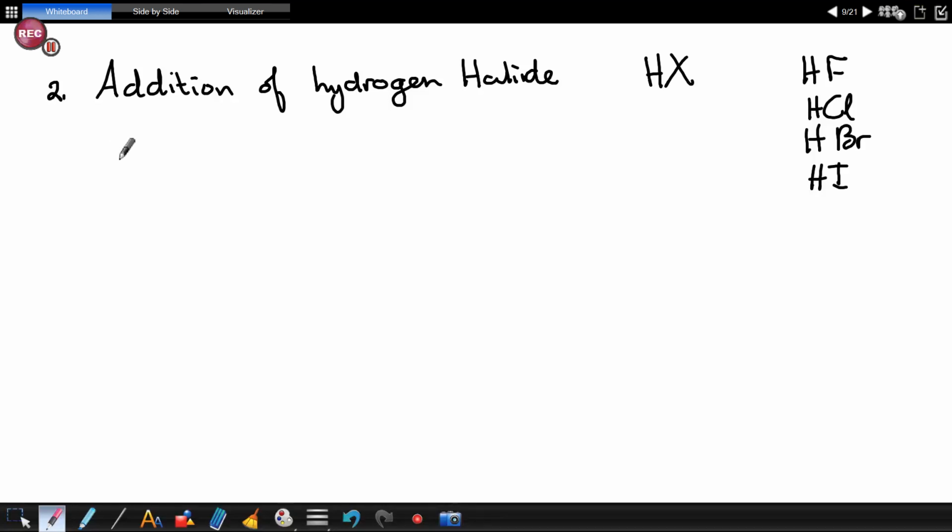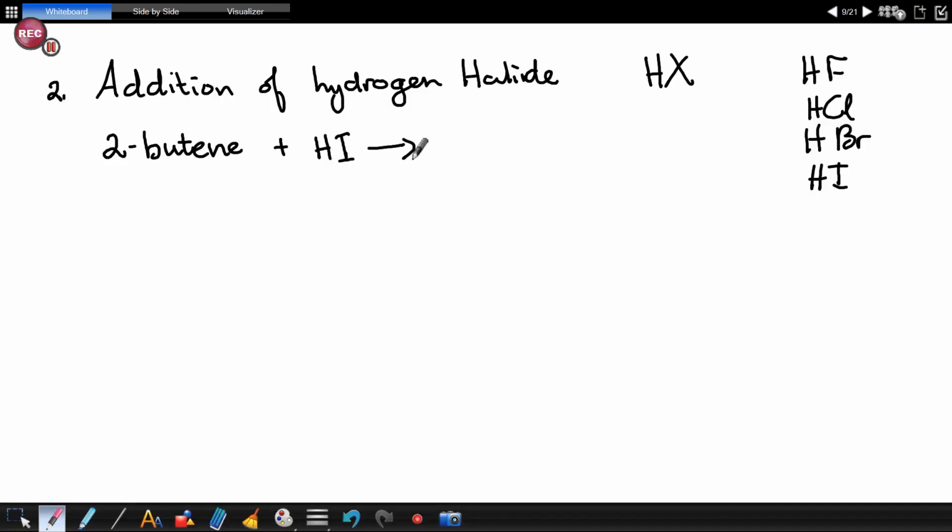Let's go for a more challenging one. Let's go for 2-butene. And which one of the four do you want to use? Hydrogen iodide.